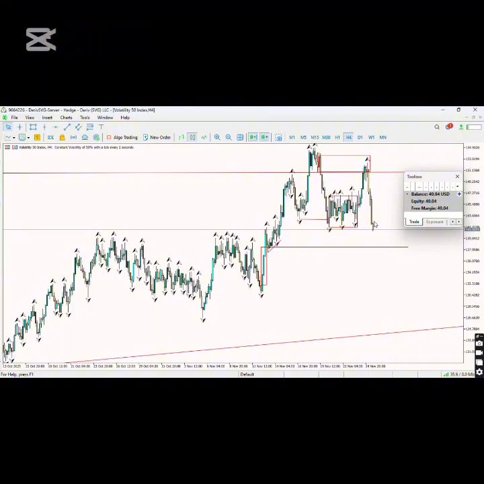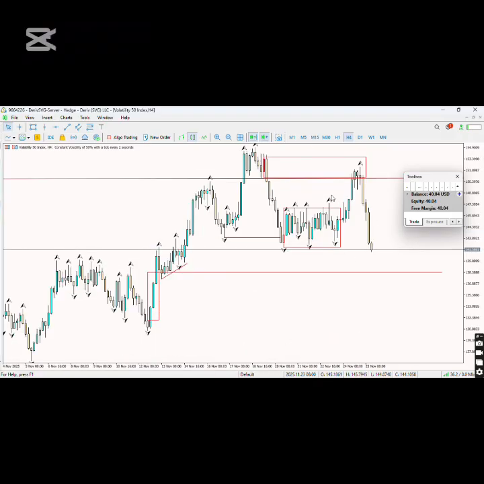As I said, never go against the direction of the overall trend, the higher time frame trend. So as you can see, we made that. Let me remove this. Now I think we are about to break structure right here.